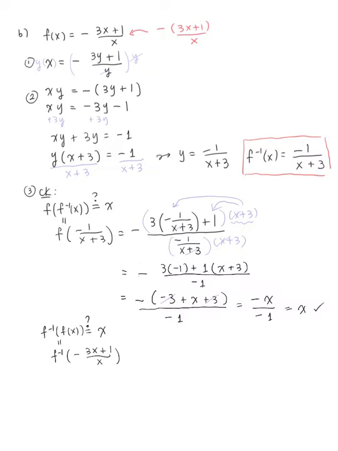All right, so now let's focus on f inverse. So we have negative 1 all over negative (3x plus 1) over x, and then plus 3. Okay, I know it looks nasty, but remember the trick, LCD. So what's the LCD? It looks like just x. So let me just multiply by x.